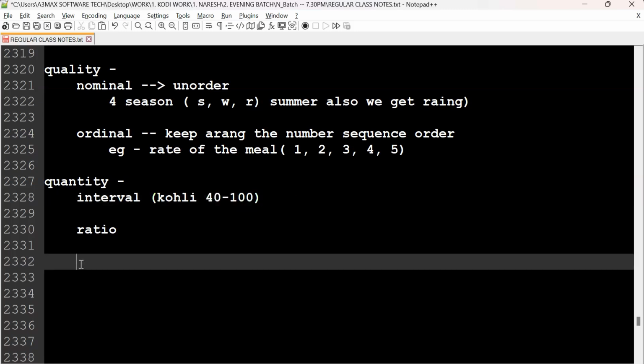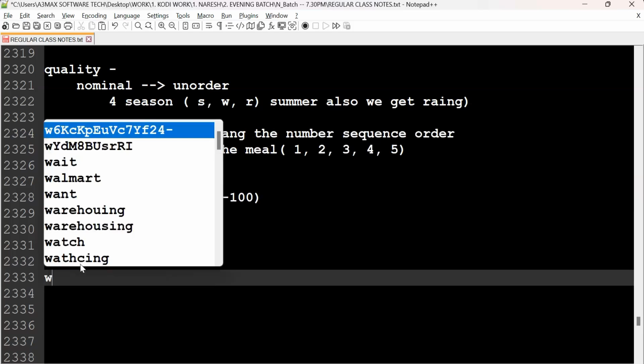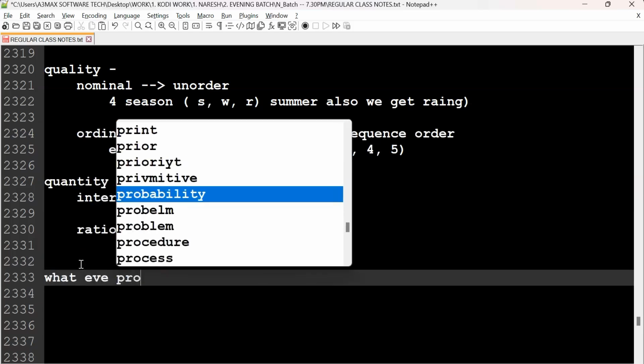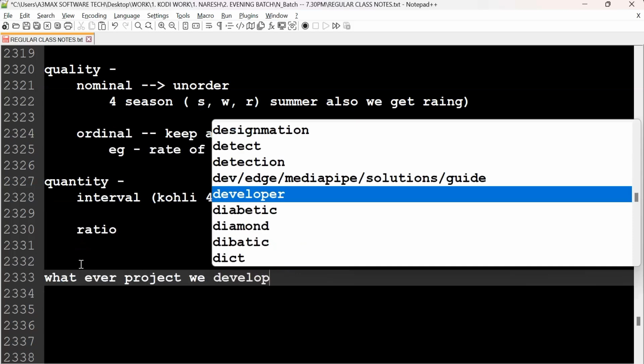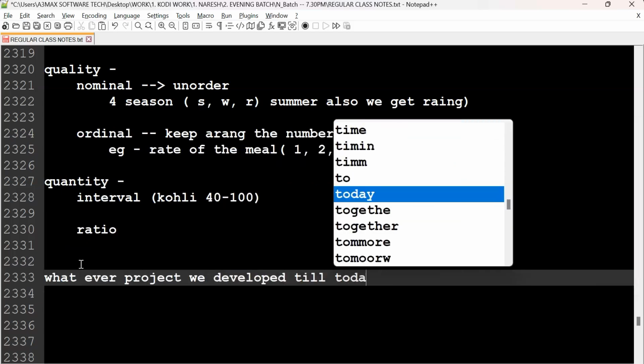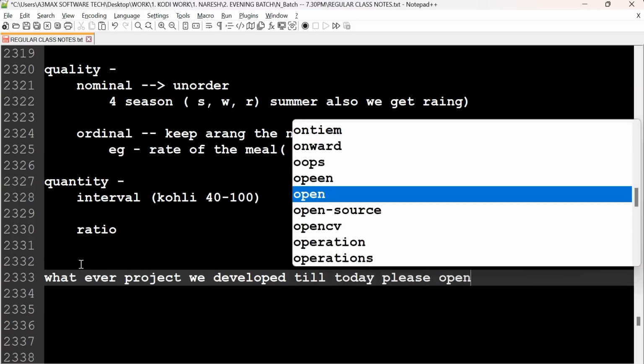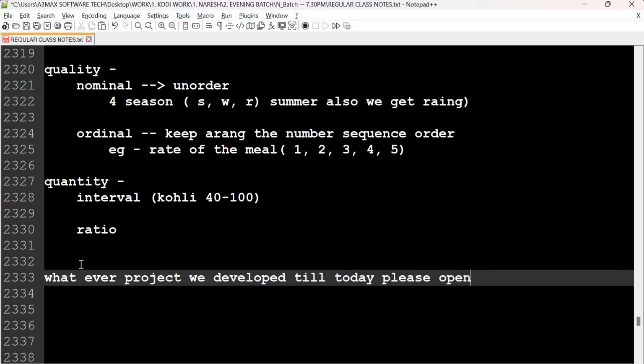Understand? Every data set has some starting range or not? Maybe the data science salary, maybe the GDP analysis. Whatever projects we have built till today, please open and check, every file has some ranges. Am I clear or not?